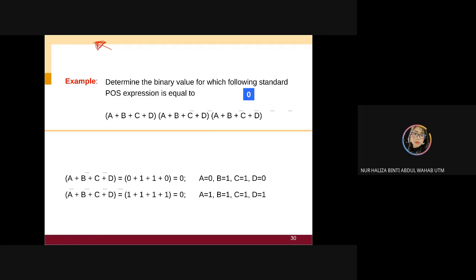I already mentioned that later when you meet POS and SOP, you also need to look into the output when F equals 0. So when you have POS, you need to consider the output equal to 0. Given here is the standard version for your POS.